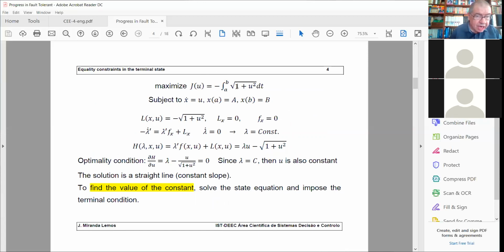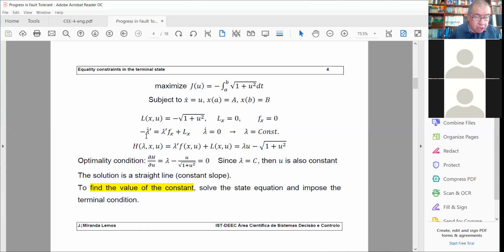So we have a Lagrangian which is minus the square root of 1 plus u squared. The gradient of L with respect to x is just 0 because L does not explicitly depend on x. f is equal to u, so f of x is 0 because f does not explicitly depend on x.